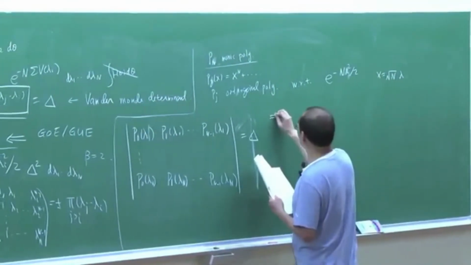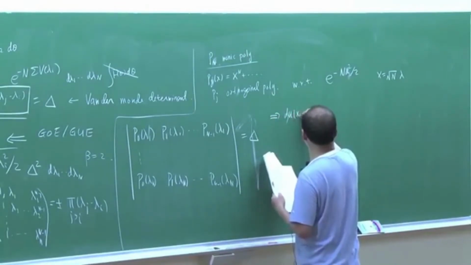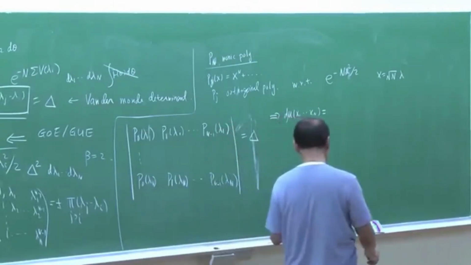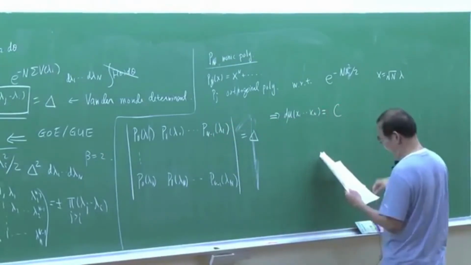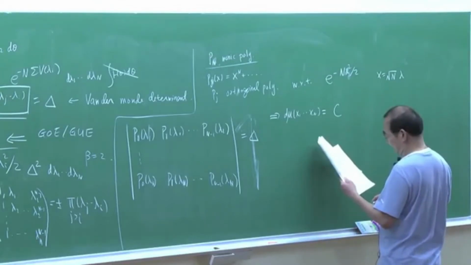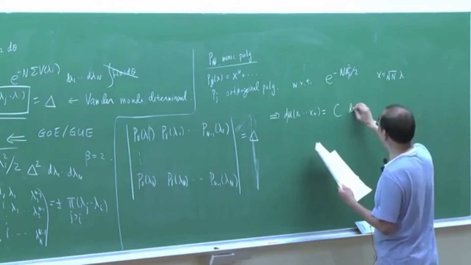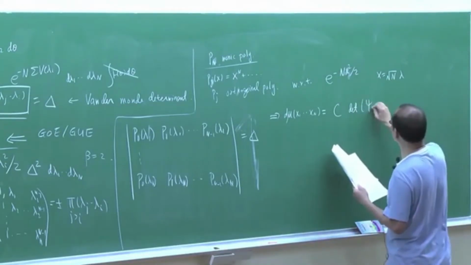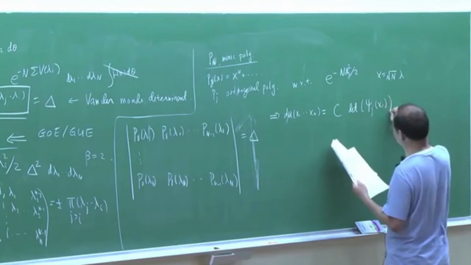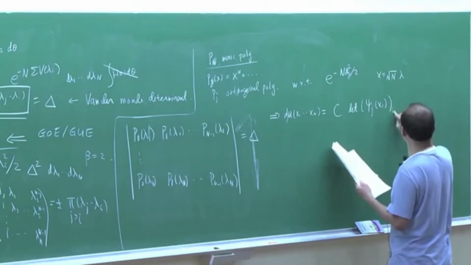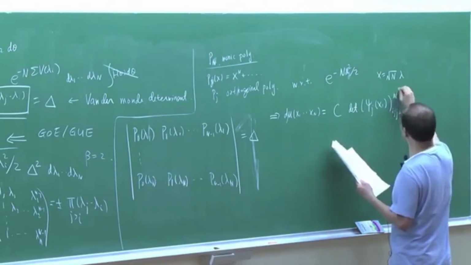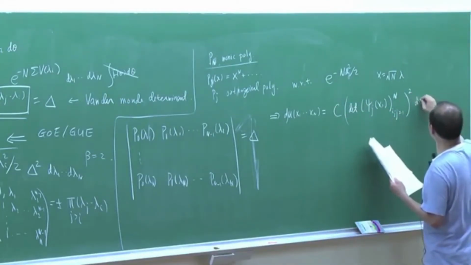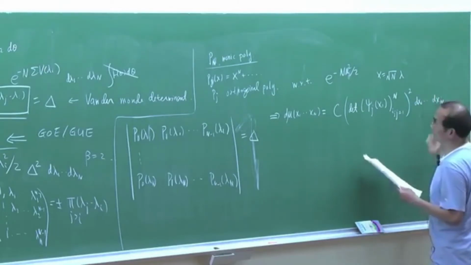So this will imply this d mu of x1 to xn is equal to some constant, and its determinant psi j xi, this matrix i, j from 1 to n, and the square, and dx1 to dxn.